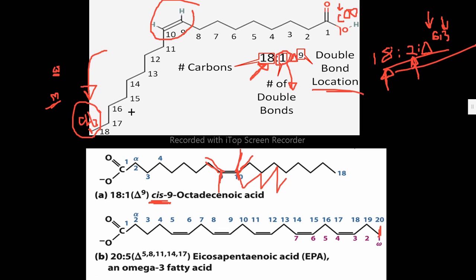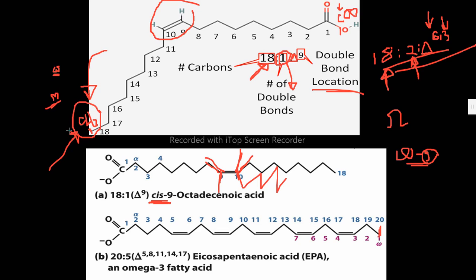For instance, you may have the omega 3, the omega 6, the omega 9 and so on. If the double bond is on carbon number 1, 2, 3, 4, 5, 6, 7, 8, 9, this is the omega 9 fatty acid, because the double bond is on carbon number 9 with respect to the omega carbon.